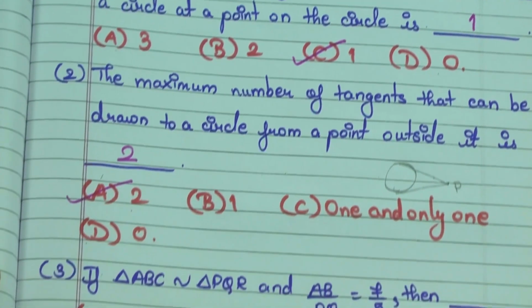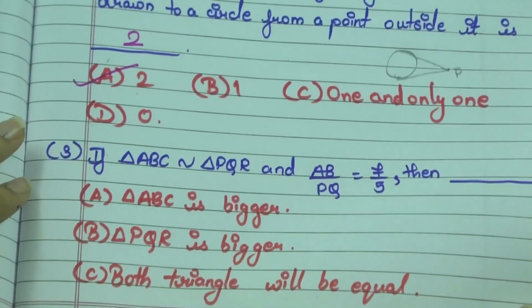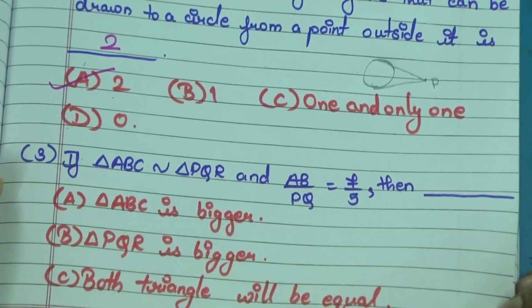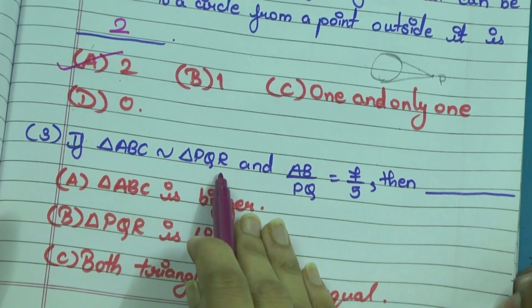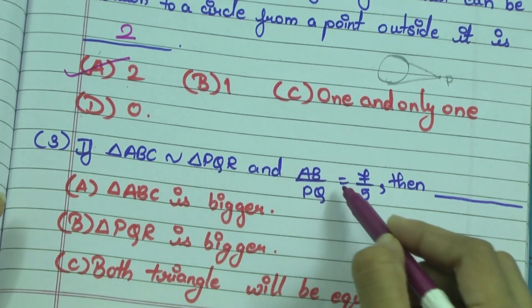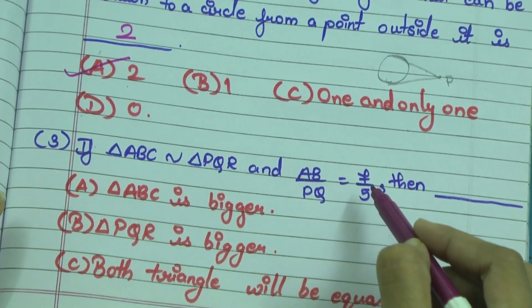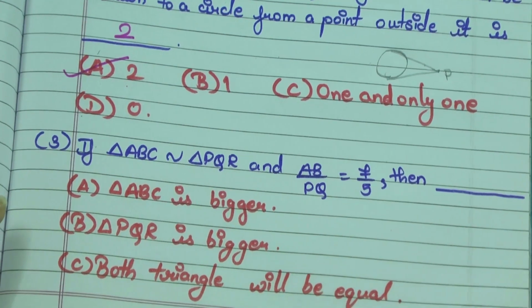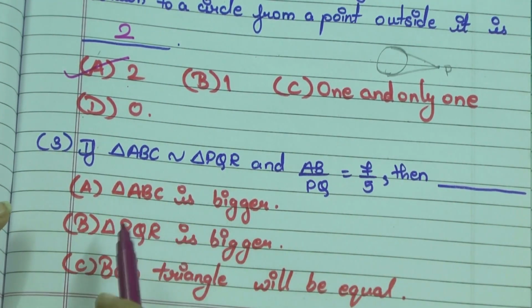Now question number 3. If triangle ABC is similar to triangle PQR and the ratio AB upon PQ is given as 7 upon 5, then is triangle ABC bigger, or triangle PQR bigger, or will both triangles be equal?